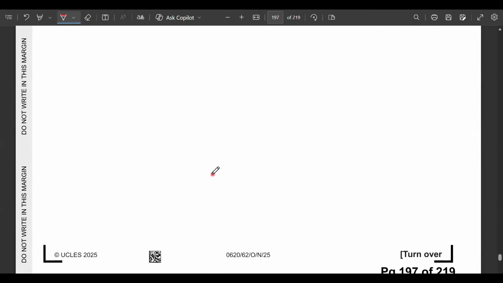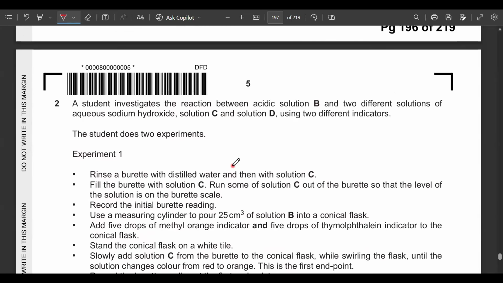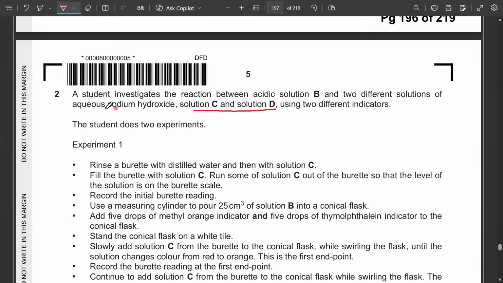Experiment 2 was supposed to be done using solution D instead of solution C. Now C and D, you already have the workbooks with you. You can read by yourself as well. Solution C and D both are sodium hydroxide, and they are being reacted with solution B, which is acidic. But definitely there will be a difference between solution C and D.